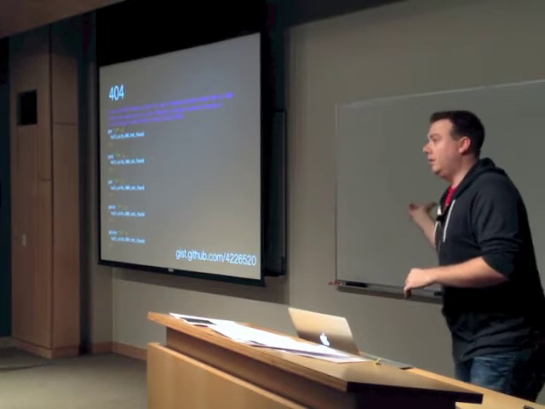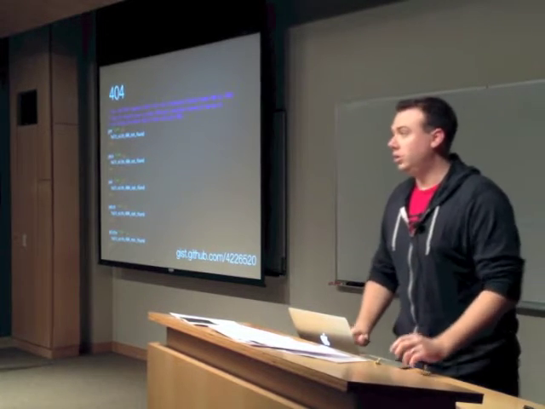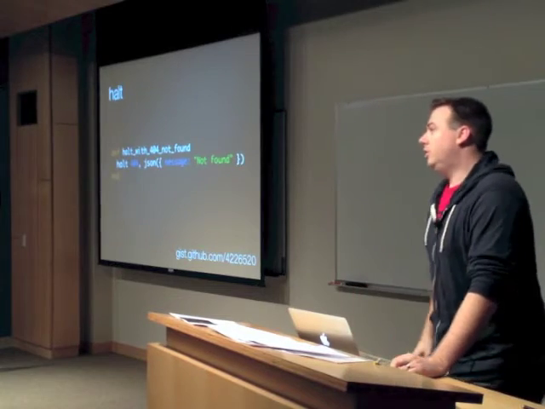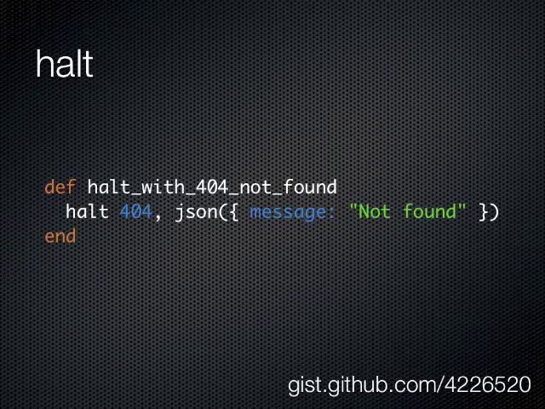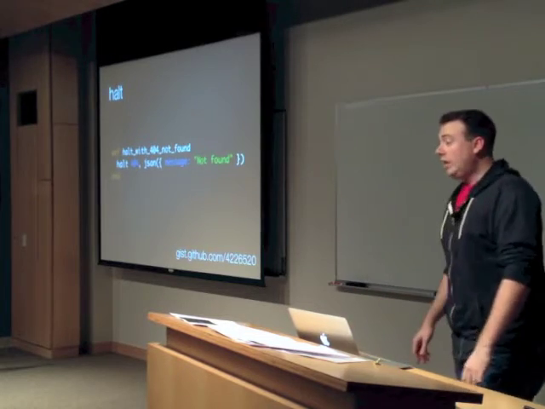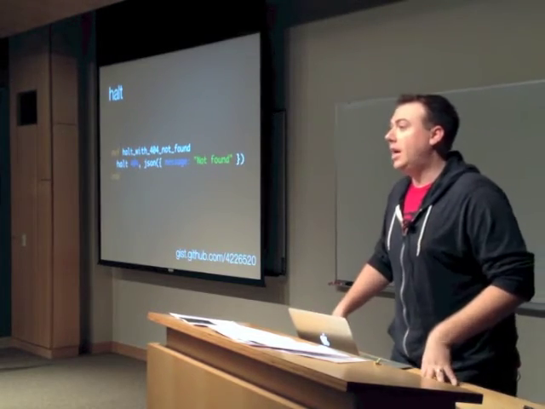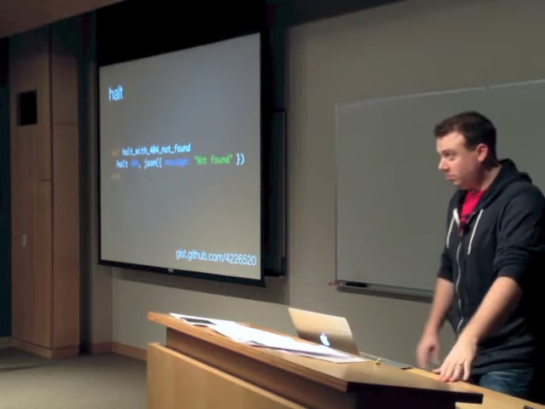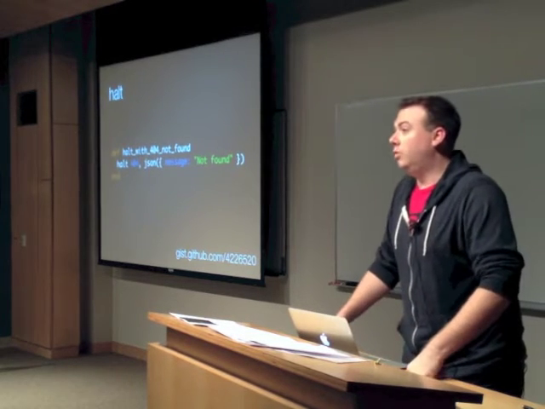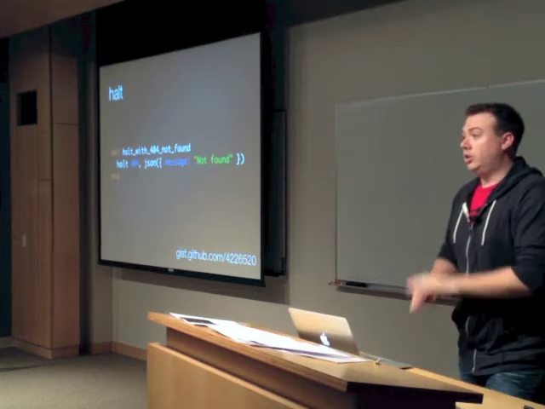And then we're going to call a method, halt with 404 not found, which just does this. Sinatra has a lovely method called halt. It takes the HTTP status code as an integer, followed by a response body, and it just stops there.